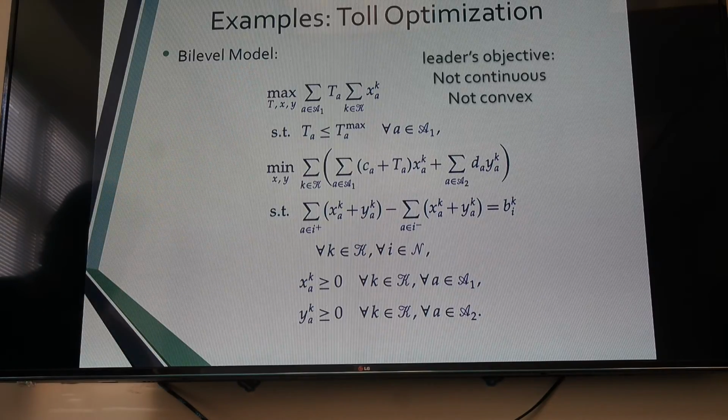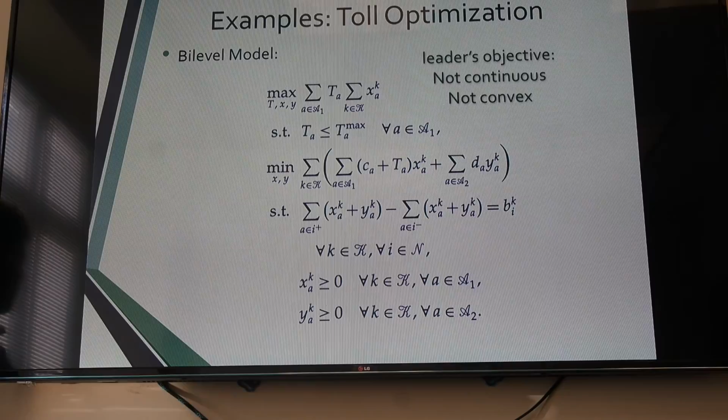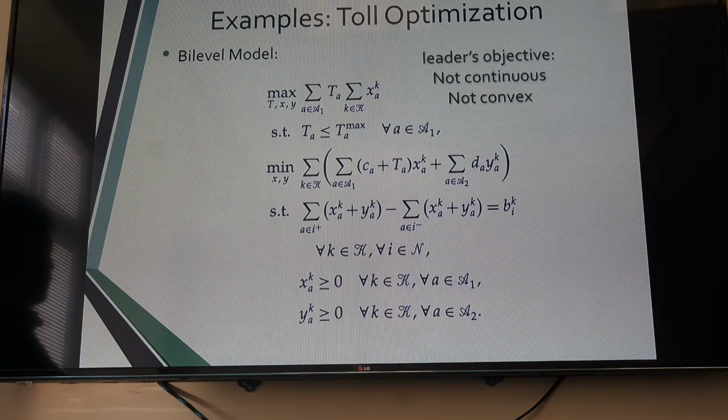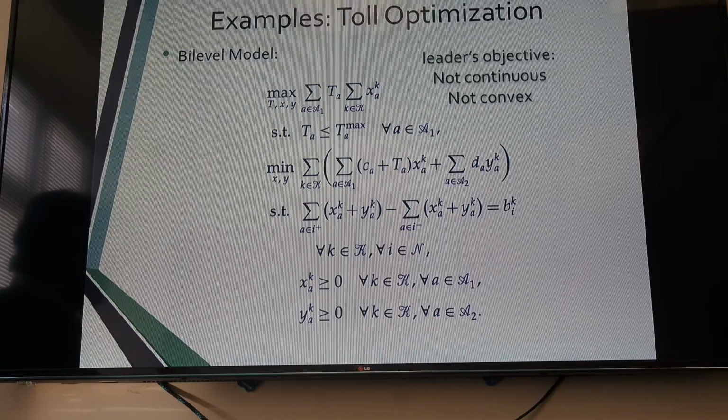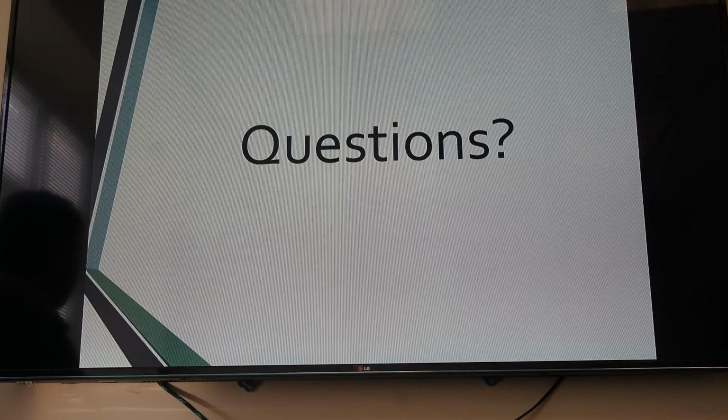And they had to do some transformations that I didn't get the time to understand exactly, in order to make it convex and continuous, and transform it into a mixed integer programming equivalent model that can be solved with any computer software. That's all I have for you today. Any questions?